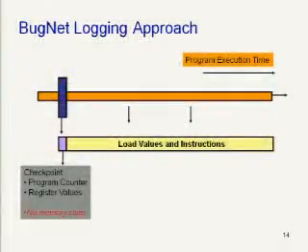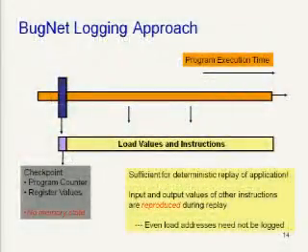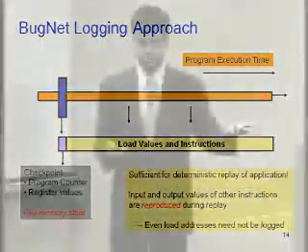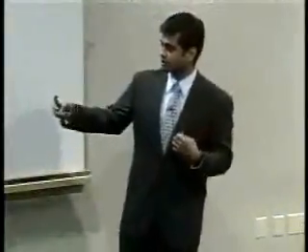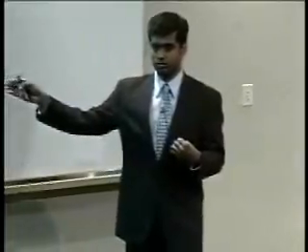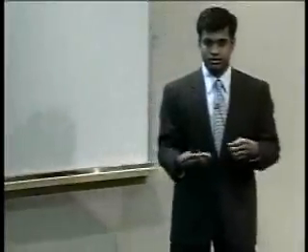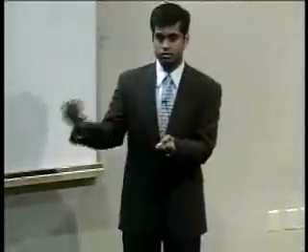This is sufficient for deterministically replaying the application, because if you have an instruction like addition, it reads values from the registers, and you have captured the register values in the checkpoint. When you replay that instruction, you update the registers, so for future instructions you can reproduce the architecture register state. Also, you can reproduce the memory state because you have recorded the values of all the load instructions.